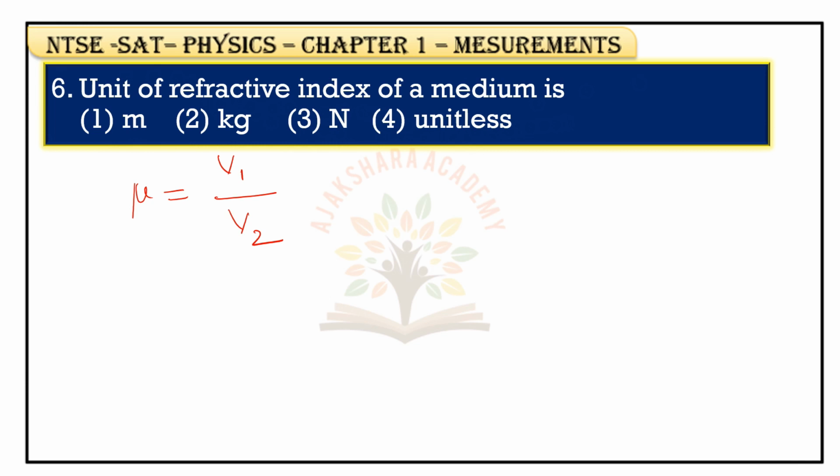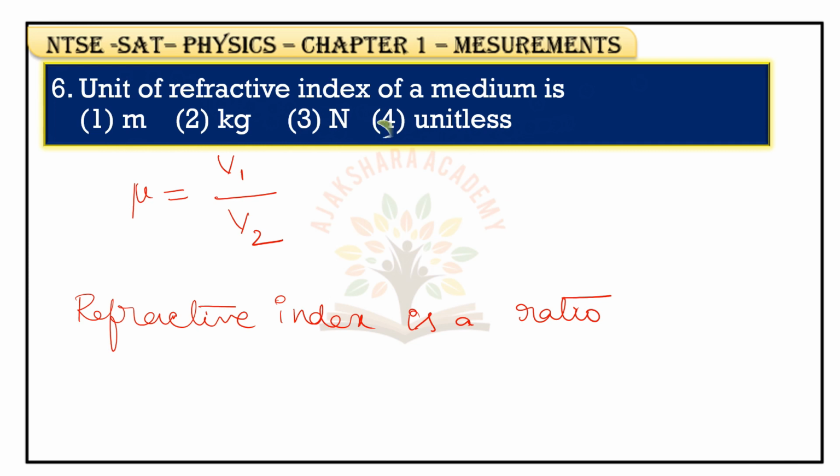So it is a pure ratio. That's why it has no units. So which option is correct? Fourth option is correct. Unitless, it has no units because it is a pure ratio.